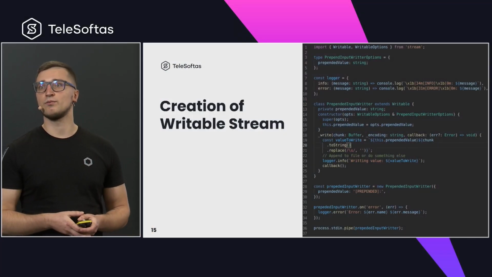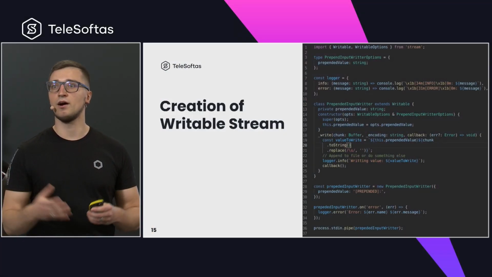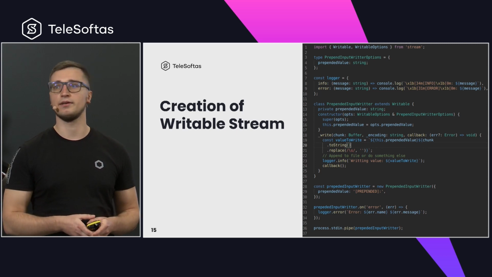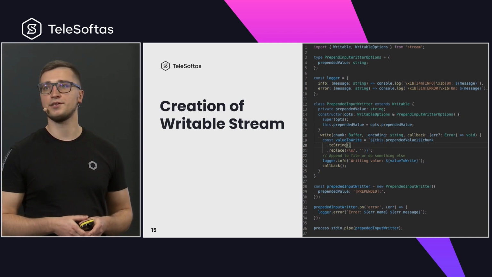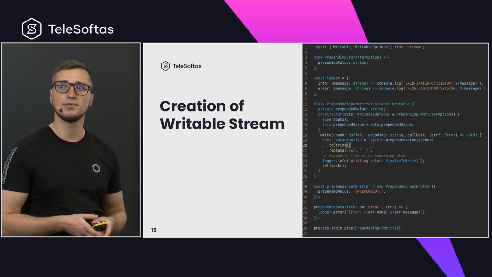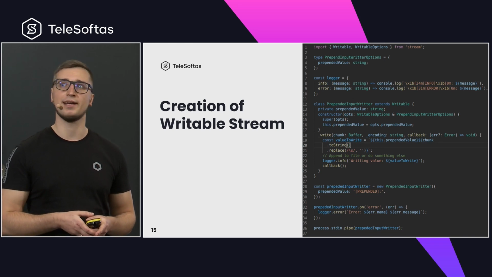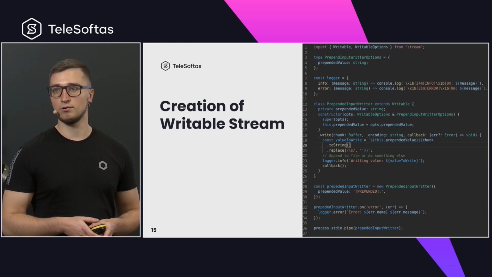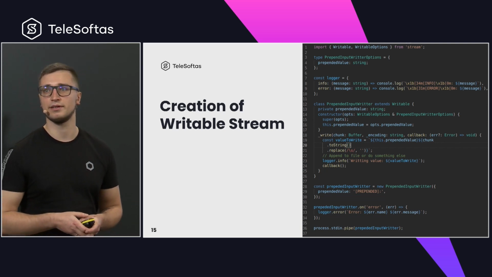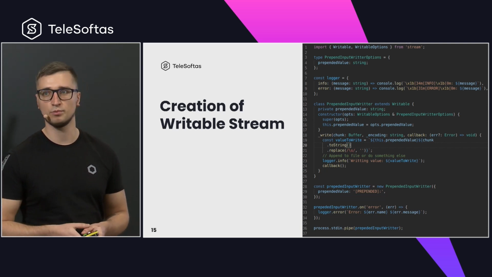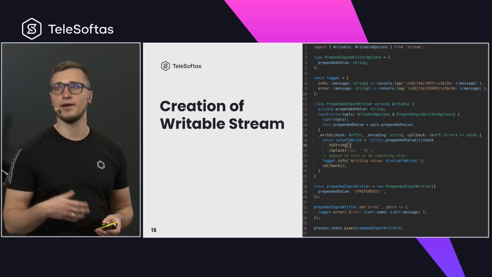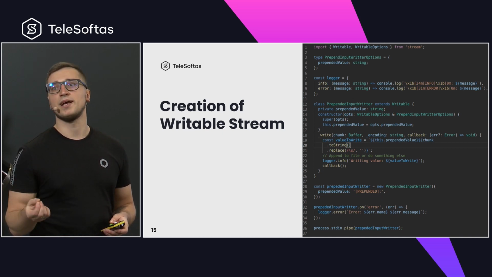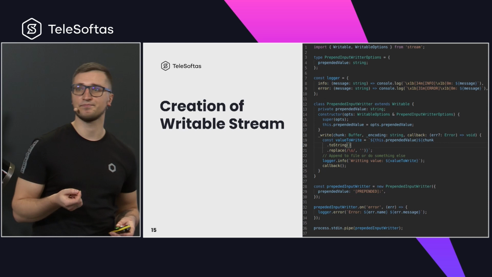So we are creating a prepended input writer which extends writable, and in comparison with the others, this class has a constructor. That constructor is a combination of the aforementioned writable props and the type which I have created on my own. Since we are using the inheritance principle in these examples, we need to call a super method where we pass the options. We also need to define prepend value, which is mandatory in creation of the class.